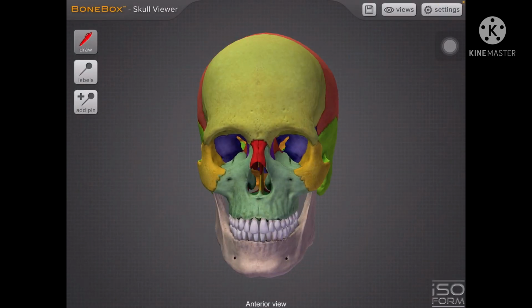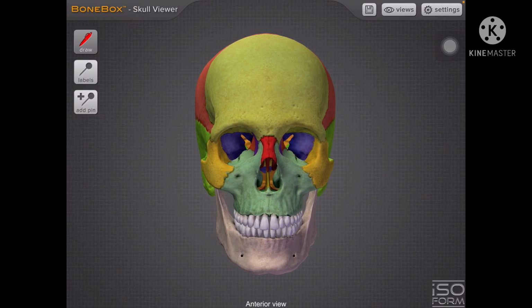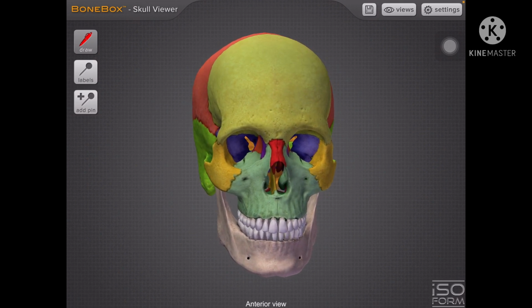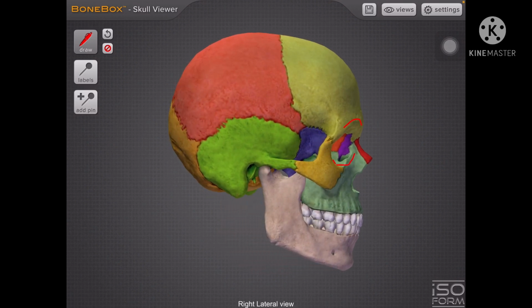Now let's learn the two most important lines present in the human skull, which help in anatomical positioning of the skull. First, this is the supraorbital margin, and here you have the infraorbital margin. This is the external acoustic meatus, which you can also call the external auditory canal.